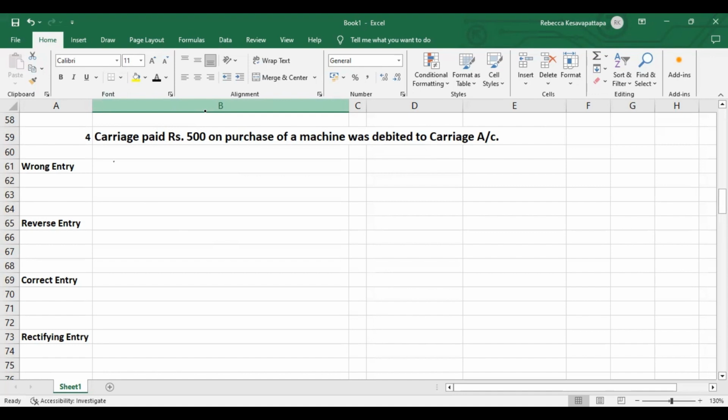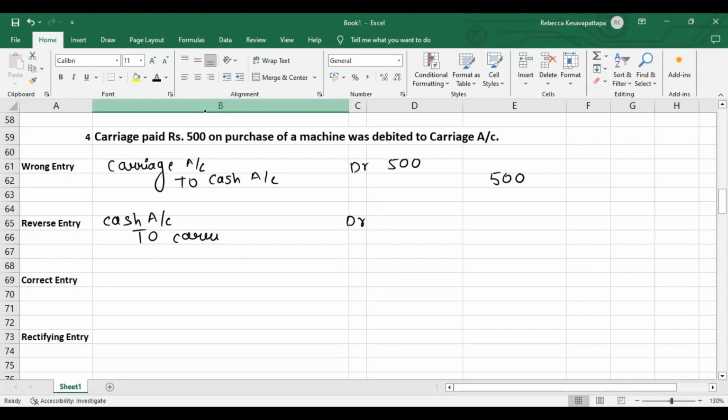Debit all expenses and losses, so carriage account debit 500 to cash account 500. The reverse entry: cash account debit to carriage account 500.